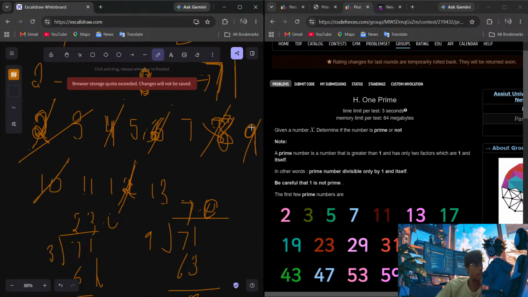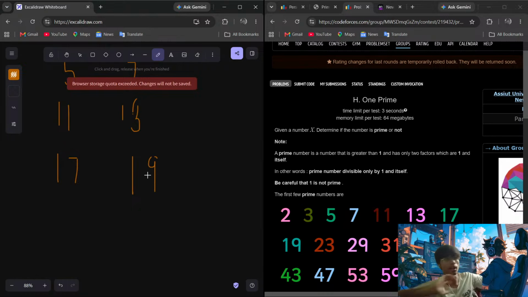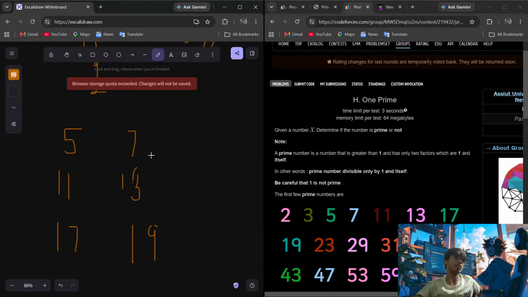I will remove 3, and 9 also, and every multiple of 3. Now I will be left with 5, 7, then 11 and 13, and after that 17 and 19. I will get something like this.